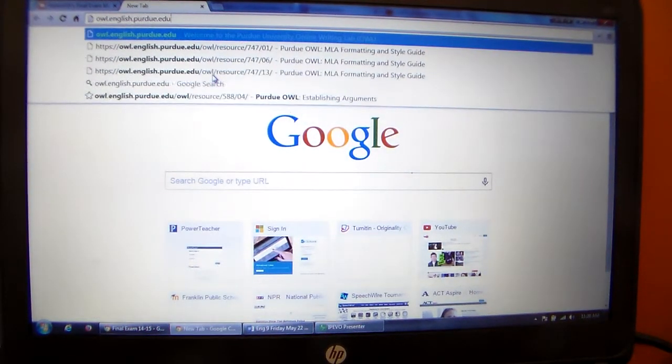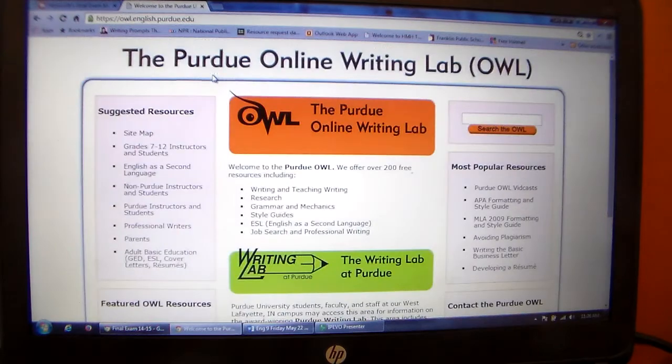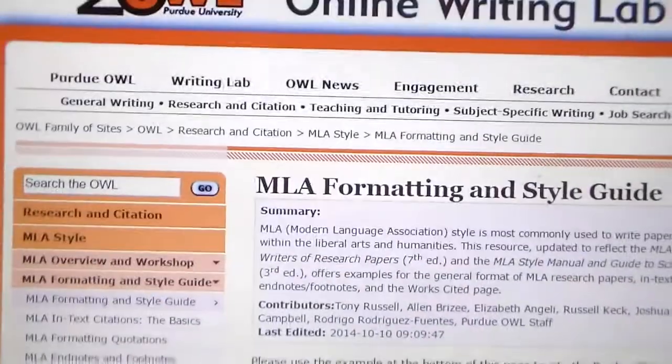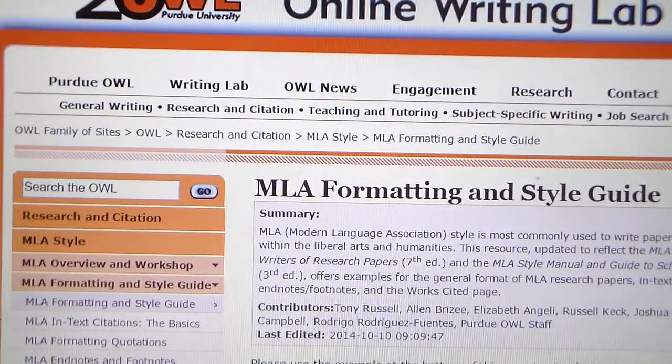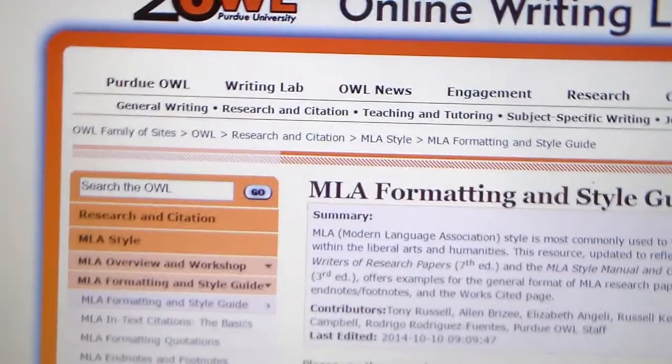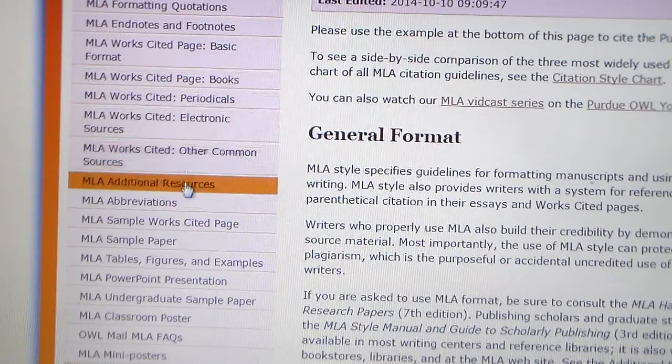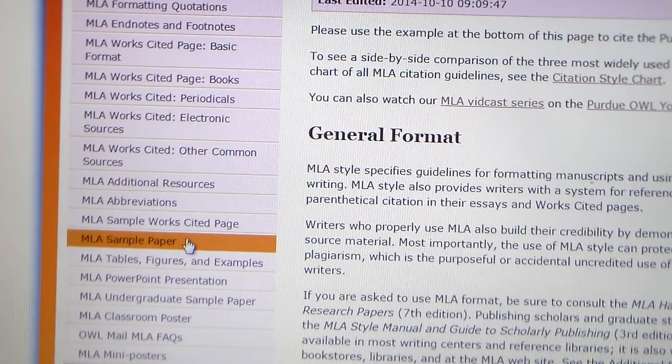OWL Purdue, type it in. Here it is. Click on MLA 2009 Formatting Style Guide. You want to find the sample papers so that you can see how to cite the book in your paper.